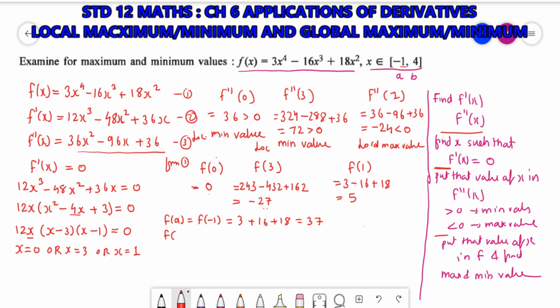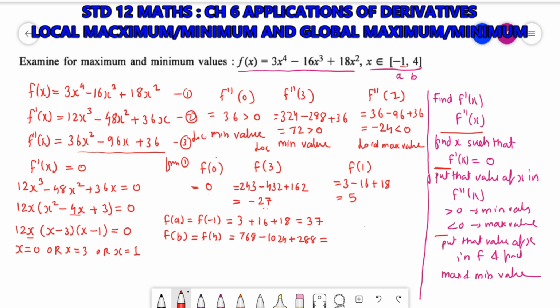And f of b, that is f of 4. So 3 into 4 raised to 4, this will be 768, minus 16 into 4 cube, that means 16 into 64, which is 1024, plus 18 into 4 square, that is 18 into 16, that is 288.